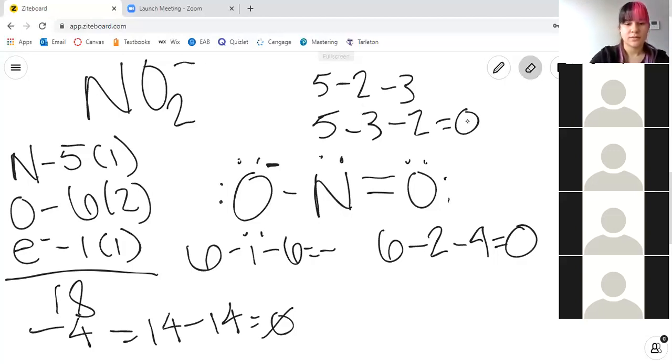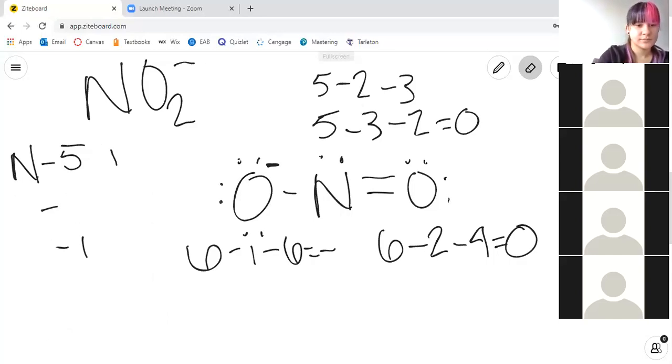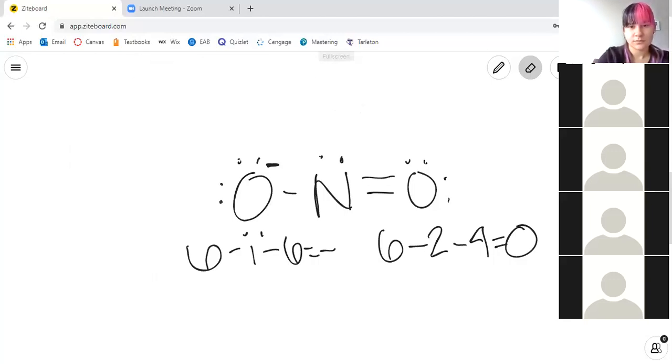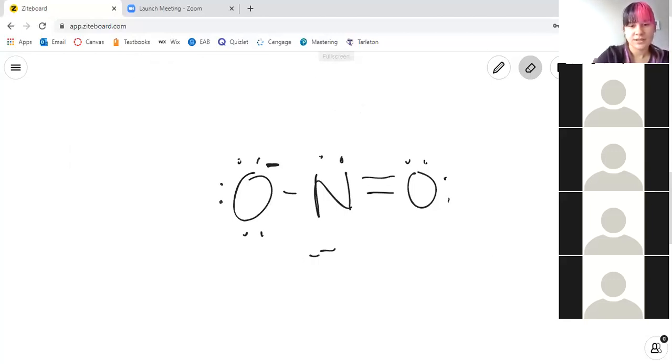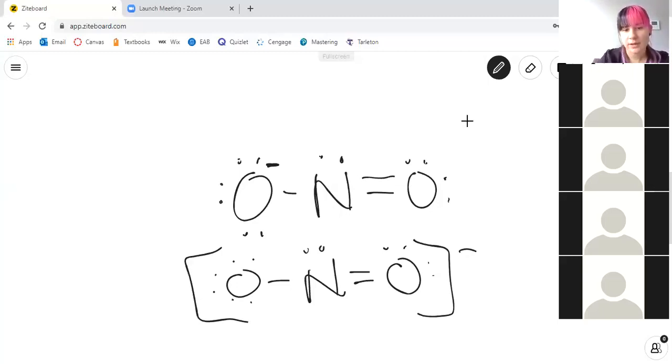So let me erase all of this so that it's not so messy. So this is how you would draw that. You can put the formal charge on the atom that has that charge, or you can draw out the nitrogen structure and then put it in brackets and put the charge up here.